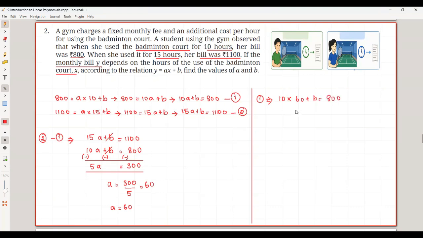Now 10 into 60 is 600, so 600 plus b is equal to 800. Now b is equal to 800 minus 600, which is 200. So b is equal to 200. Therefore, a is equal to 60 and b is equal to 200 is the answer.